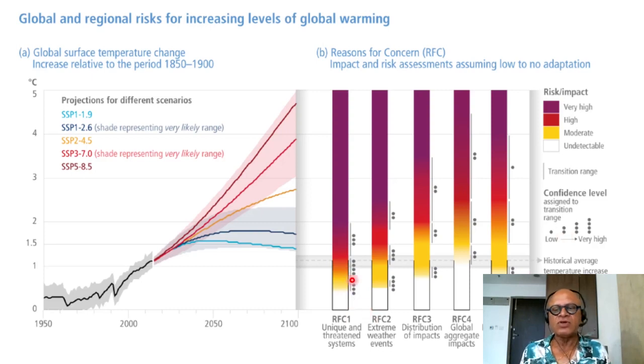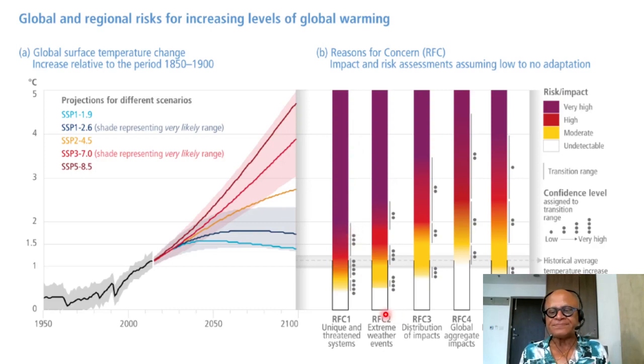Okay, so you can see that depending on the range of warming here, the risks increase for all of them, but the unique and threatened systems hit high risks very early on in the game, down below 2 degrees C. If we go beyond 2 degrees C, it's already pretty well agreed upon that everything is going to face high risks, and we can say that with some level of confidence.